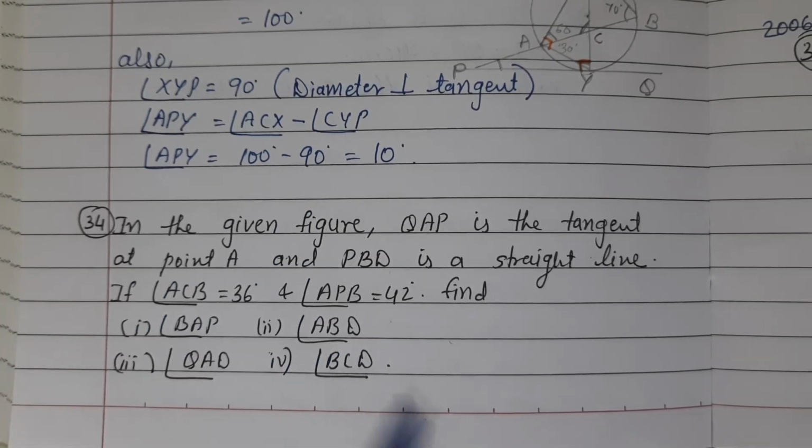Sum number 34. In the given figure, QAP is the tangent at point A and PBD is the straight line. If ACB equal to 36 degree, APB equal to 42 degree, find first part angle BAP, second angle ABD, third angle QAD, fourth angle BCD.